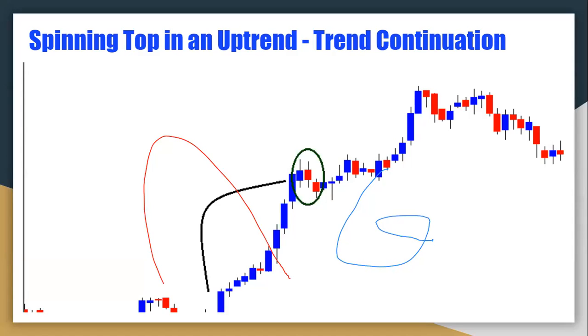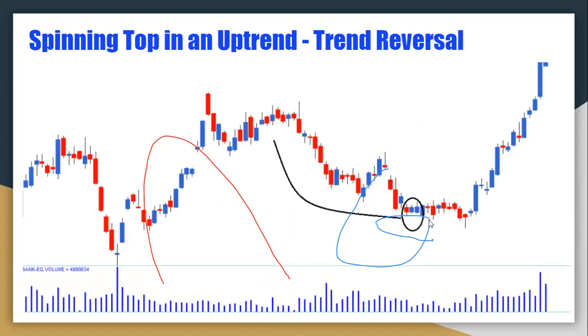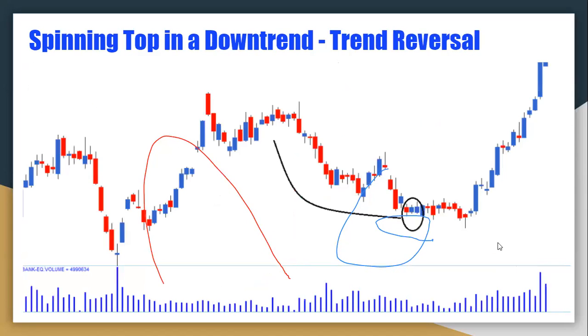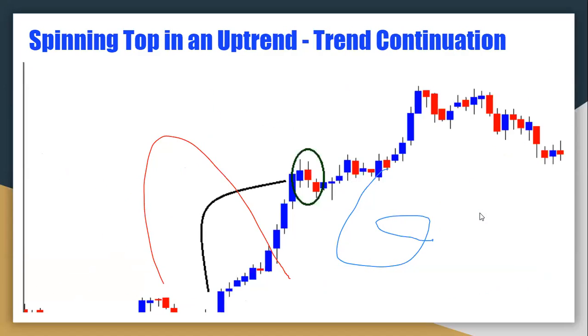What action to take, I'll cover in the upcoming slides. So till now we saw that in both uptrend and downtrend, whenever spinning tops occur in batches over a long period of time, either there is trend continuation, in a downtrend or uptrend, or there is trend reversal. Here also, trend reversal.